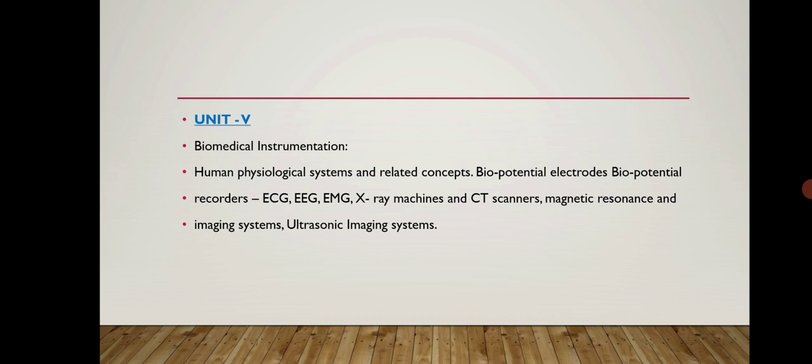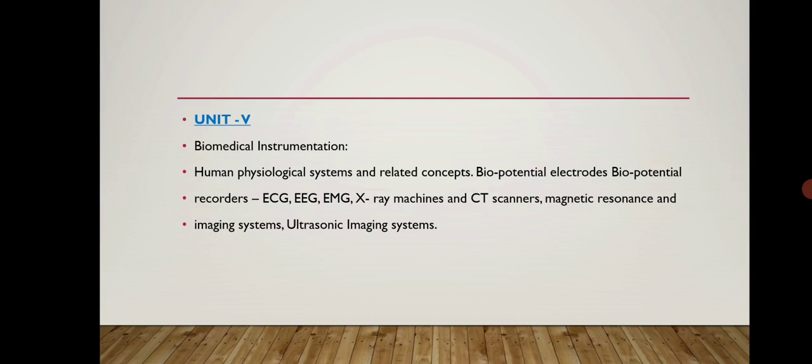Coming to your next unit, unit 5. In this unit 5, our complete concentration will be on biomedical instrumentation. As I have already told you, biomedical is the medical part. In hospitals, we use some of the instrumentations built to measure the human body's tendencies.